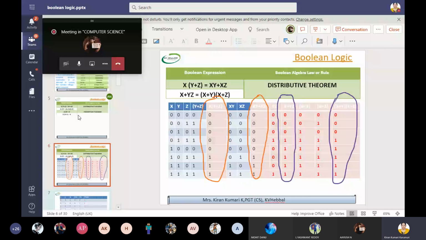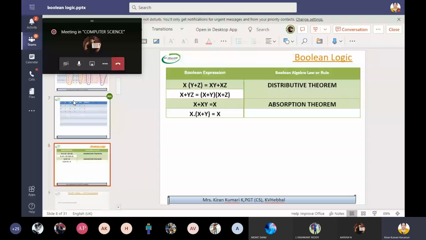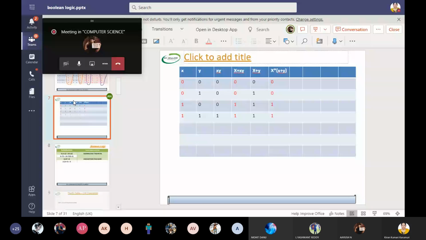This truth table, everyone has written in your notebook. Everyone completed? Yes, ma'am. Who has given this one, X and X plus Y? Ayush, you have done this slide.